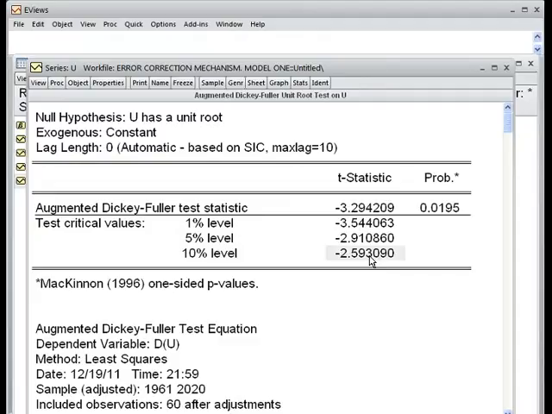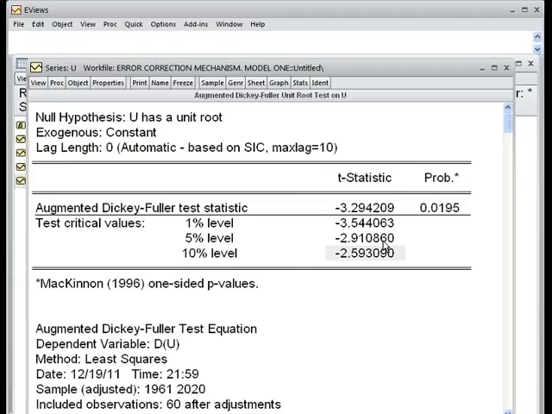But here we cannot use all these critical values. Here we have to use the critical value of the Engle-Granger test. From the Engle-Granger test, we shall be using the critical value, not from here. The Engle-Granger critical value at 10% is minus 3.04.